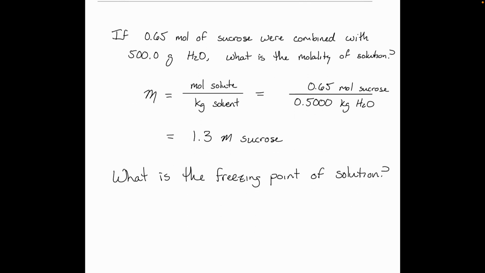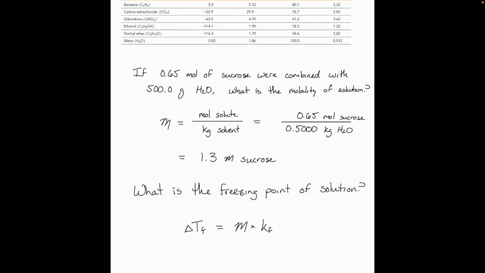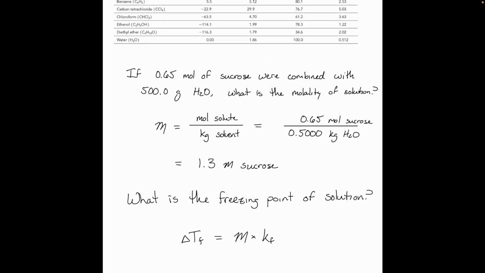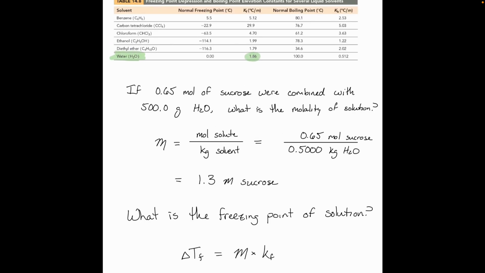Okay, so how are we going to use our little chart here? So first of all, we can just note the equation was, again, change in temperature equals the molality times that constant value. I'm going to look it up for my particular solvent, which is in this case water, right? Because I added sucrose to water. So I'll go to my table here, look under water, and note that that Kf value is 1.86.